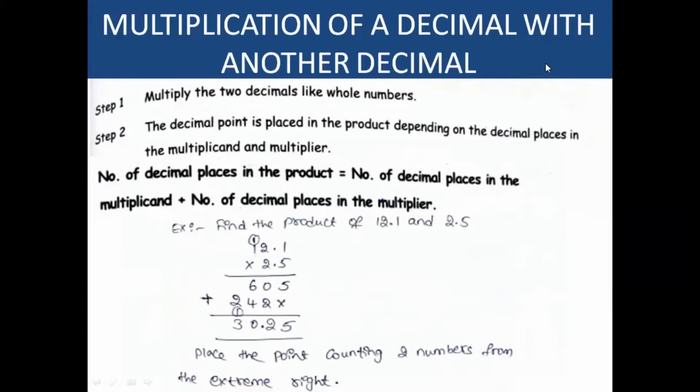Multiplication of a decimal with another decimal. For example, find the product of 12.1 and 2.5.